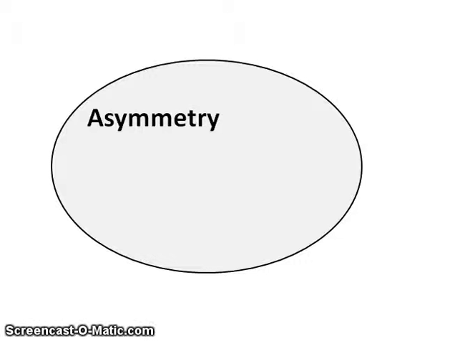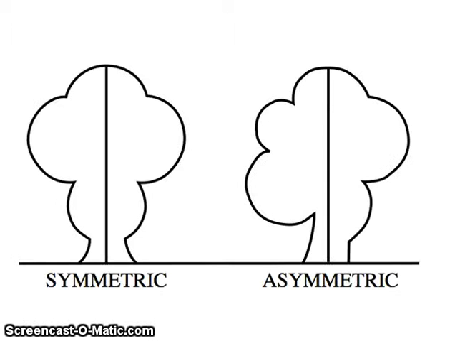And then asymmetry obviously is placing something off the center, sort of like that. This could be considered an asymmetric shape. Parts of it are a different proportion than the others. This pattern would be considered an asymmetrical pattern.